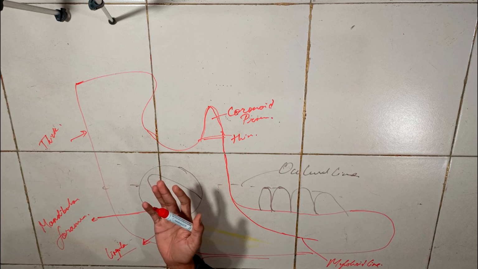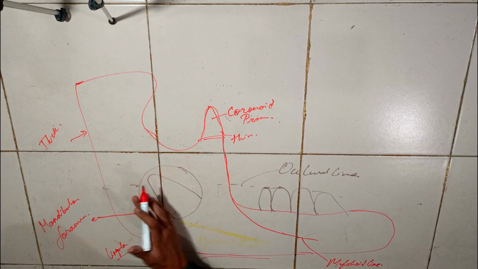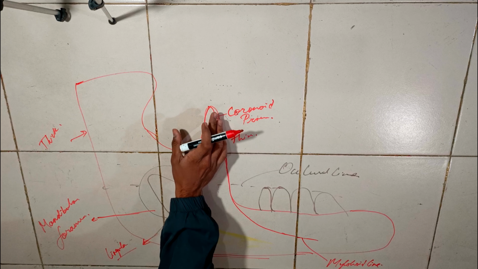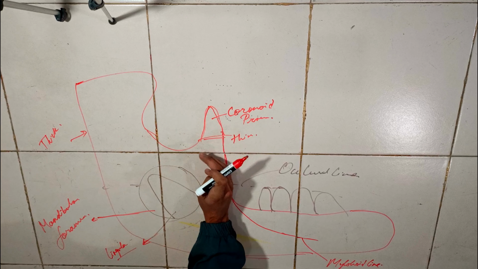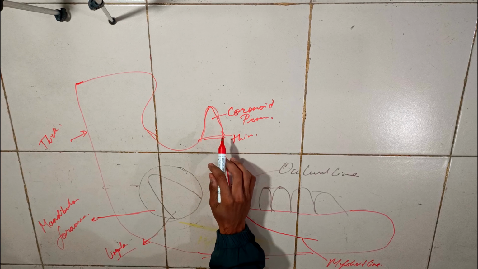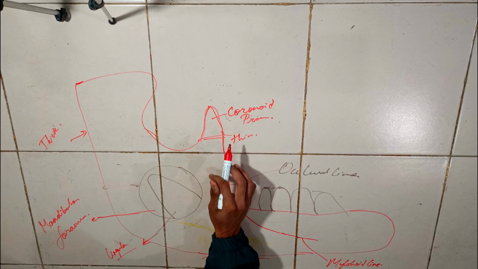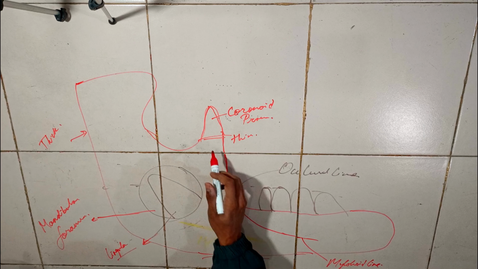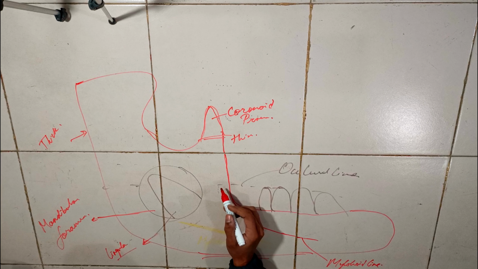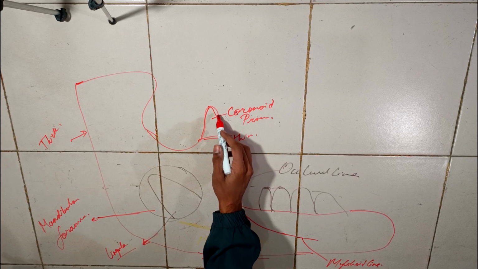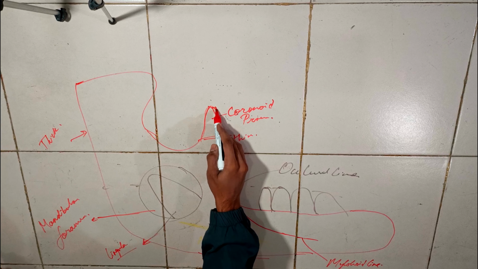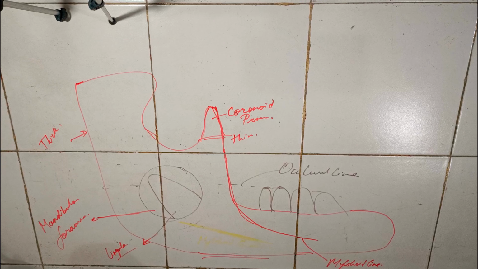So what do you mean by anterior? Anterior means towards the front. Superior means above. So this is the anterior and superior part of the ramus. This is a flattened triangular projection at the anterior-superior part of the ramus. Its anterior border is continuous with the anterior border of the ramus, so the anterior border of the coronoid process is just the same as the anterior border of the ramus.